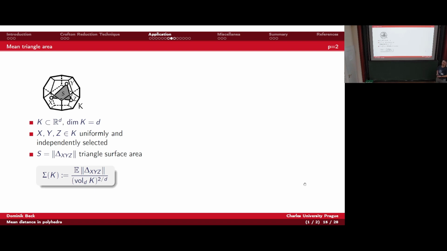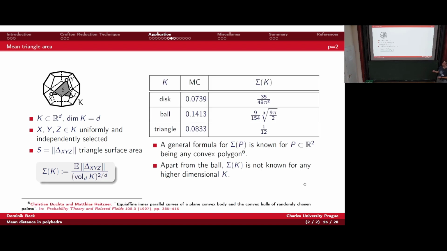Another problem in convex geometry might be to find the mean area of a triangle. So you have a convex body and you are interested in the mean area. In fact, this is known for any 2-dimensional polygon. But in higher dimensions, no result is known, except, of course, the ball.